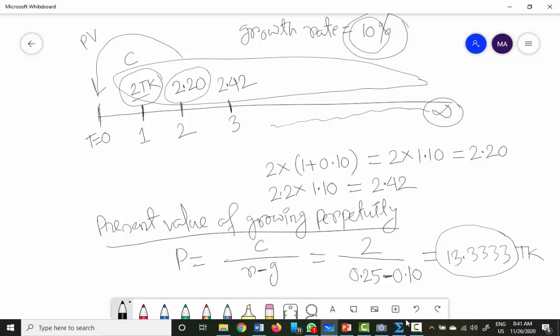If you buy this company's share at this price today, you will receive these cash flows till infinite period, which will give you a 25% return per year.